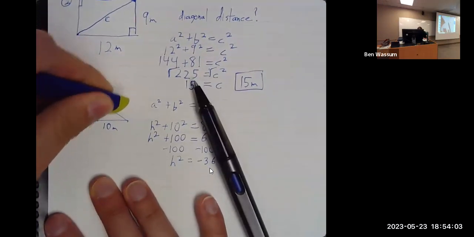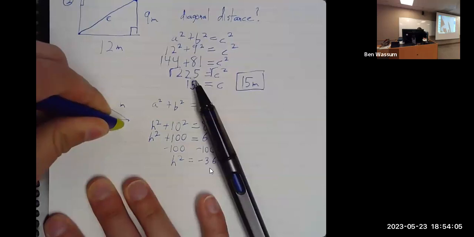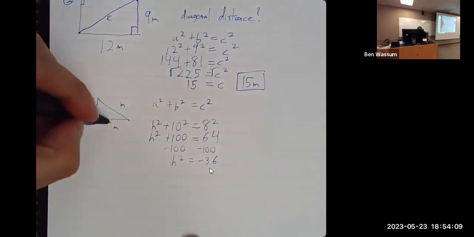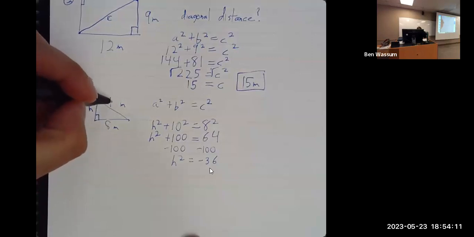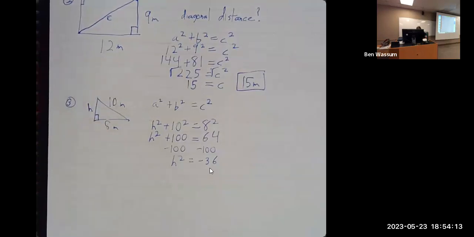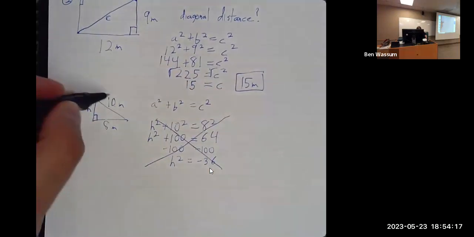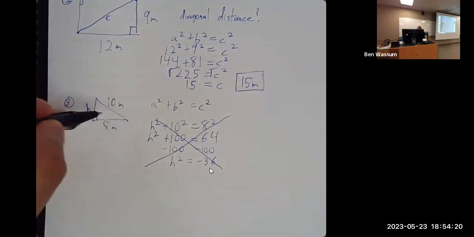So I think a better way to do this problem would have been with those numbers reversed. Because then these would actually work out. Because this hypotenuse has to be the longest side.